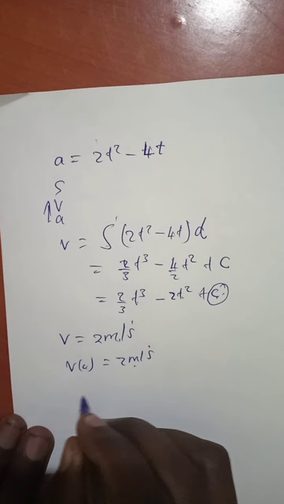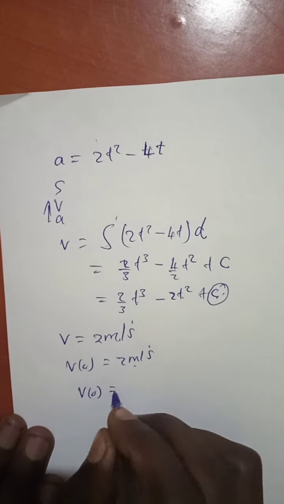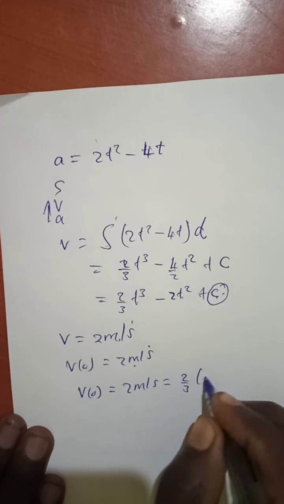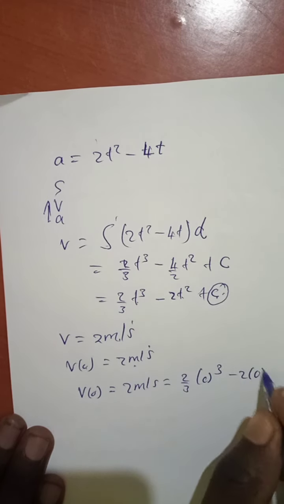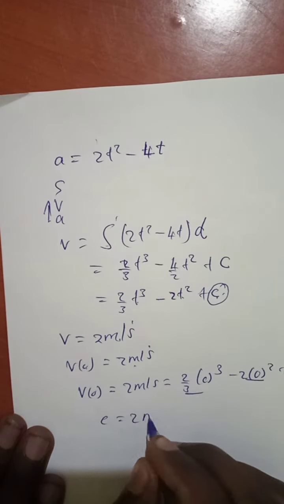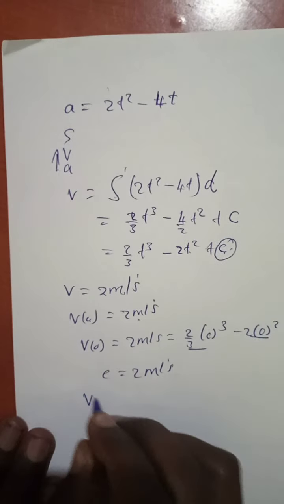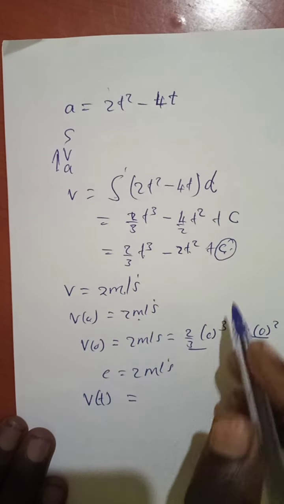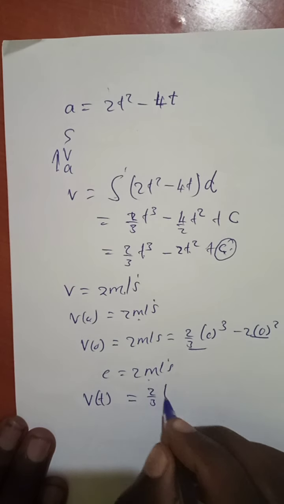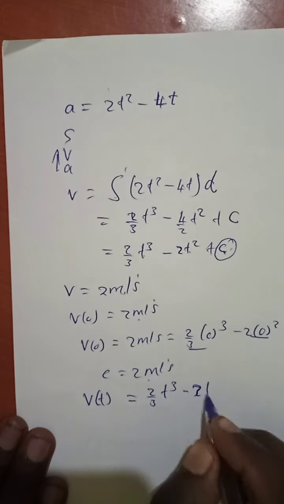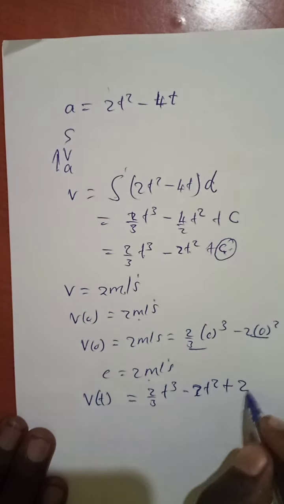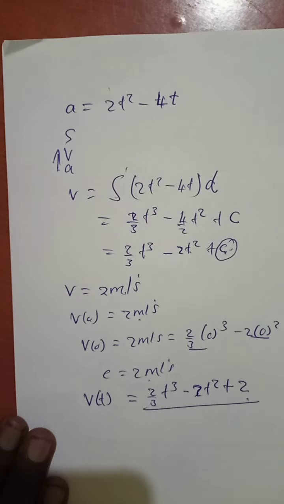That means v(0) = 2 = (2/3)(0)³ − 2(0)² + c. These terms are 0, that means c is equal to 2 meters per second. So the function for velocity v(t) becomes, where there is c, you replace it with this constant: (2/3)t³ − 2t² + 2. Instead of writing plus c, you now write plus 2 as the right function for velocity.